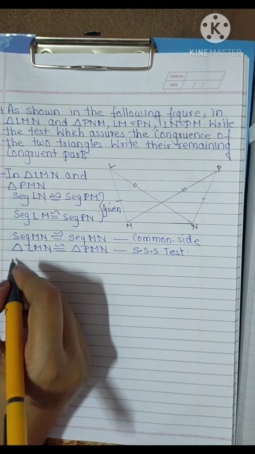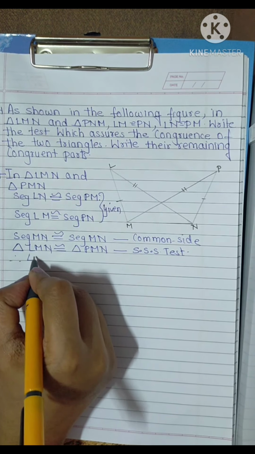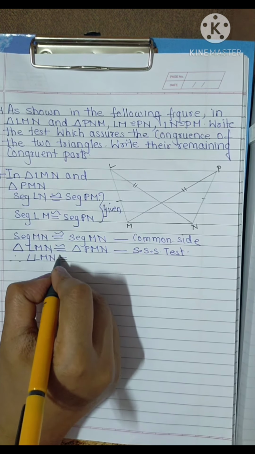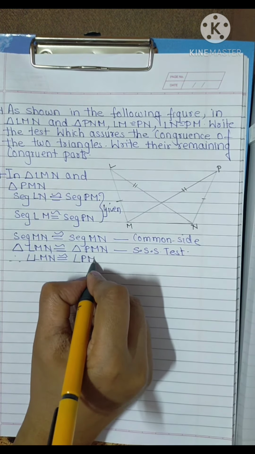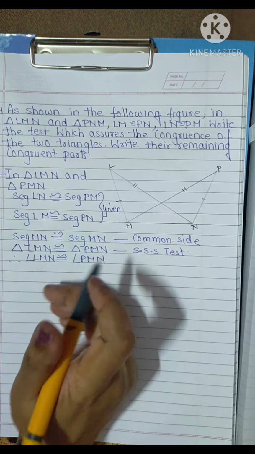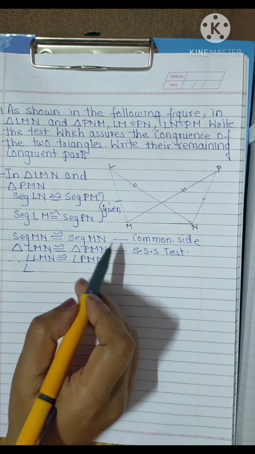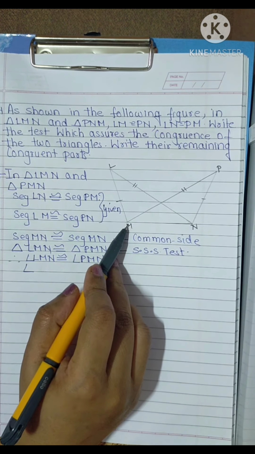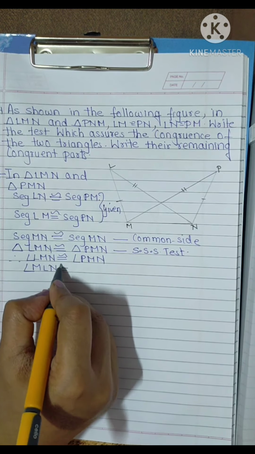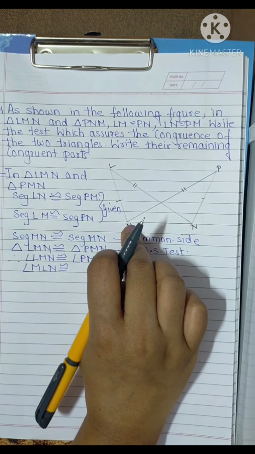Now the next step is, therefore, angle LMN is congruent to angle PMN. Okay, angle also congruent. Now next, angle MLN is congruent to angle MPN.